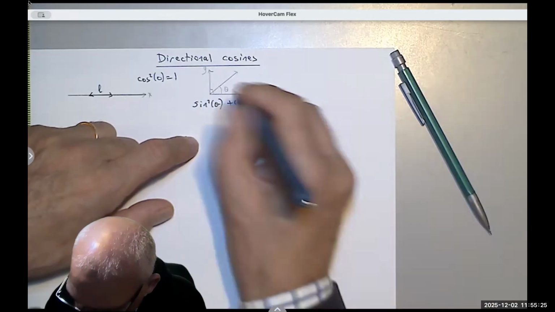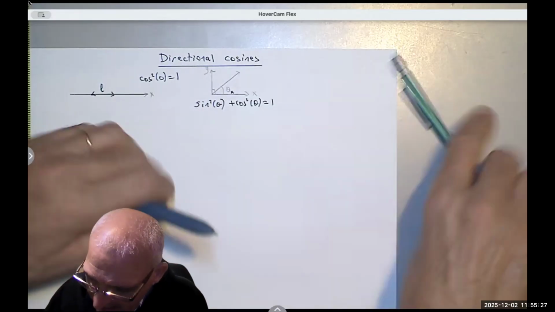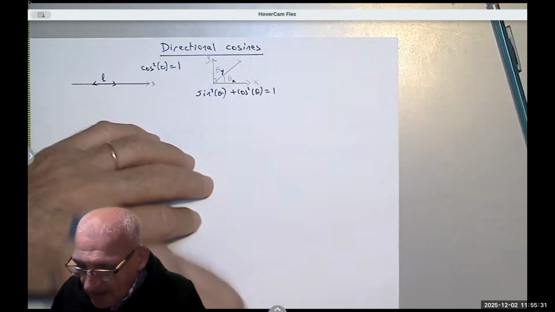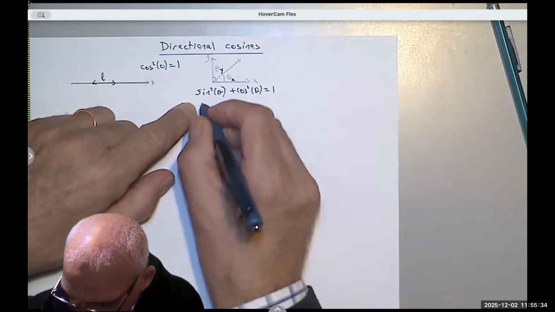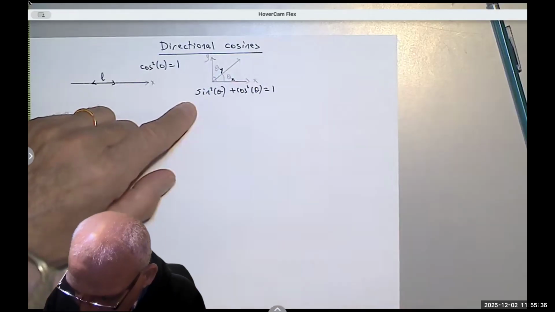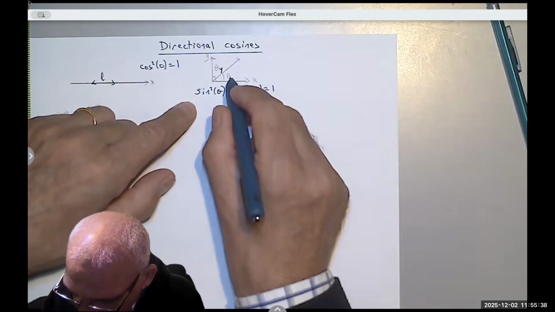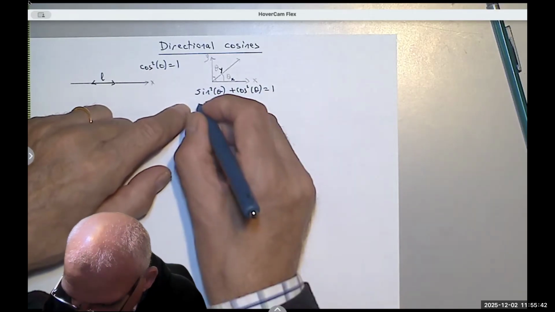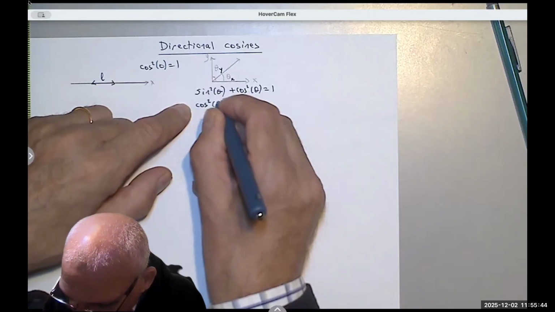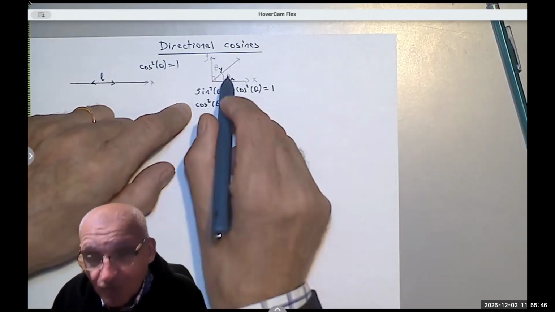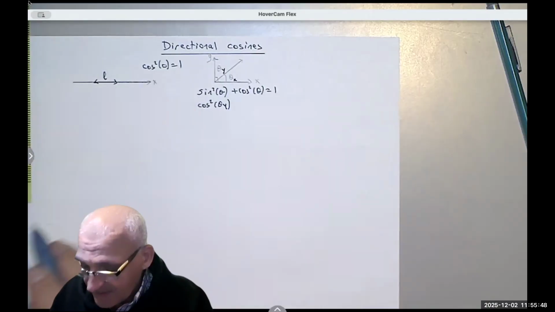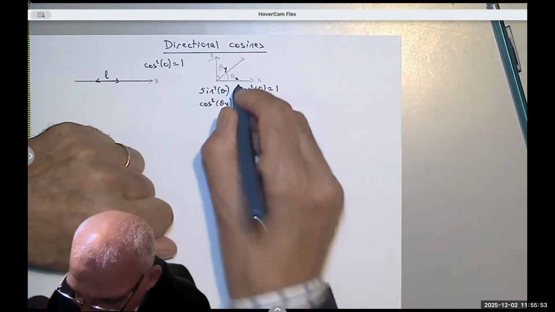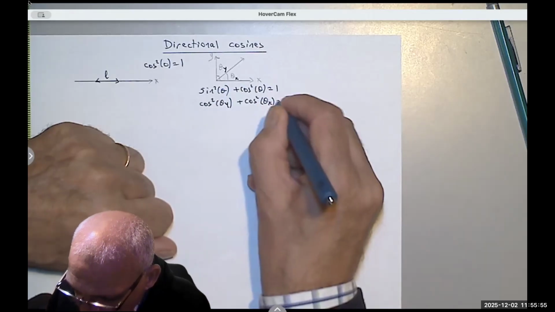So if I call that theta sub x, and I call this theta sub y, I'm going to write this sine square theta, which is theta x, as cosine square theta sub y, right? Because these two angles are complementary angles. Plus cosine square theta, now I call it theta sub x, equals 1.